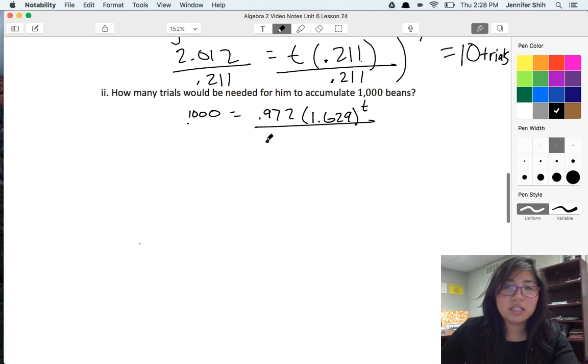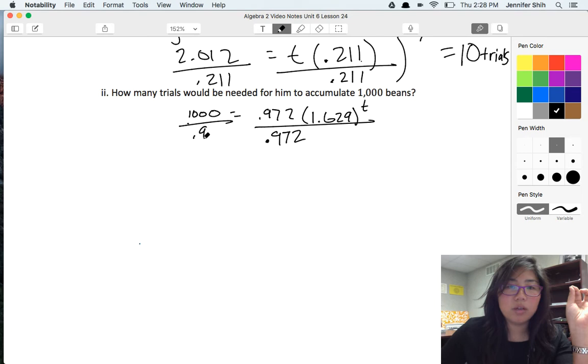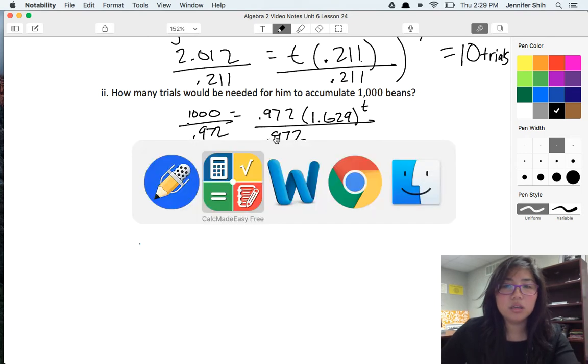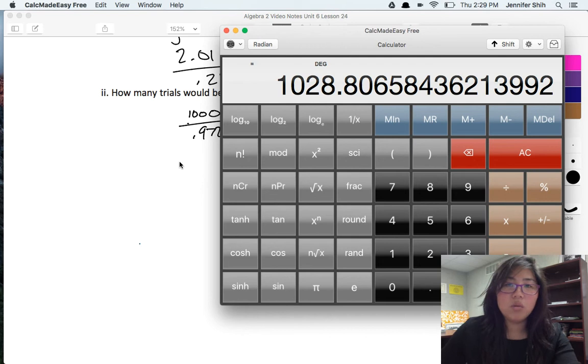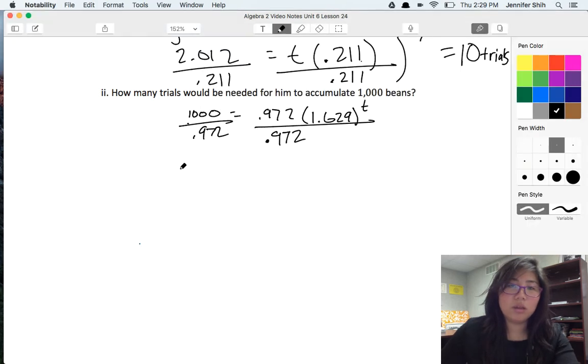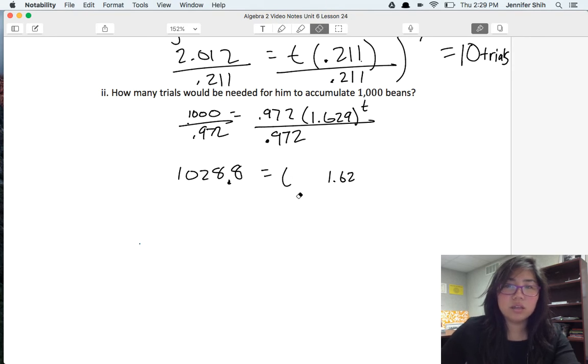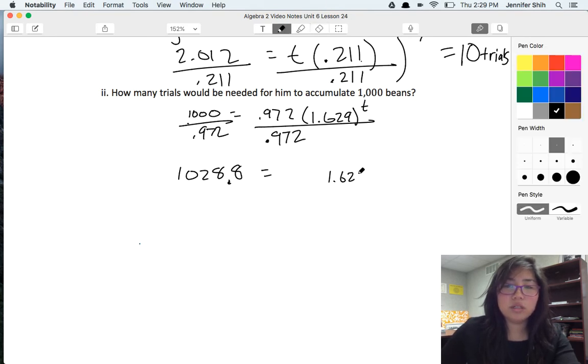I have to isolate the 1.629 to the t power, so divide 1,000 by 0.972. 1,028.8. I'm sorry for not using the right significant digits. So 1.629 to the t power.